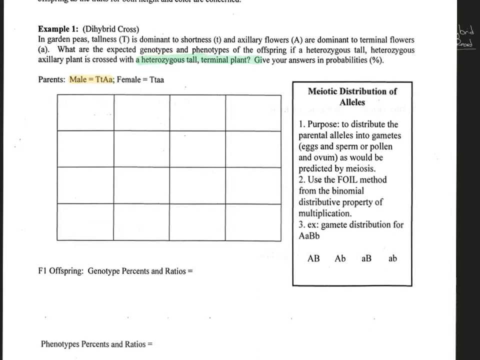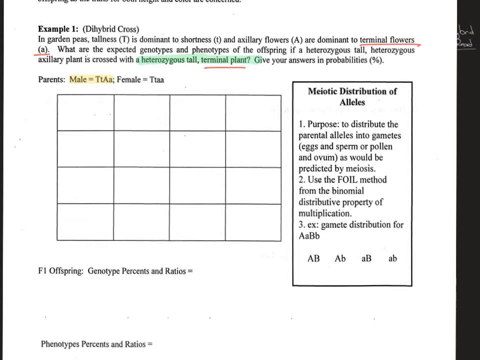Now they tell you terminal, and you're like, well, how do you know if it's homozygous or heterozygous? Some of the questions that kids have asked me, those students have actually been working over the last 3 days. I get questions like, okay, how do you know what the terminal plant is? Is it heterozygous or homozygous? Well, you know it has to be homozygous. Why? Does anybody know?